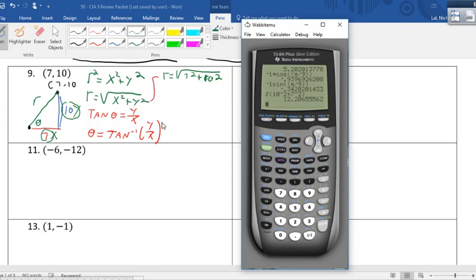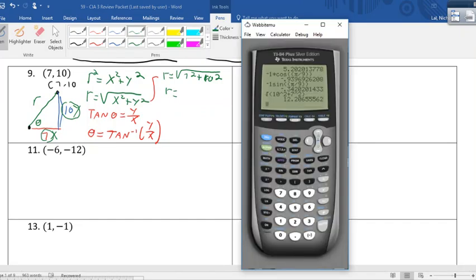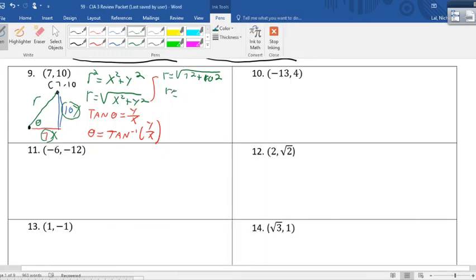So that intuitively makes sense as the square root of 149. So r is approximately equal to 12.21. Let's round up. Theta is going to be equal to the inverse tangent of y over x.